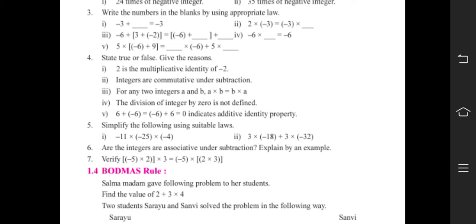Integers are not commutative under subtraction. So integers are commutative under addition and multiplication only, not under subtraction and division.